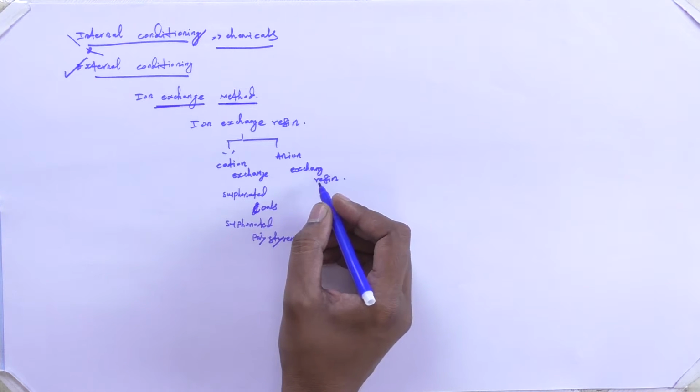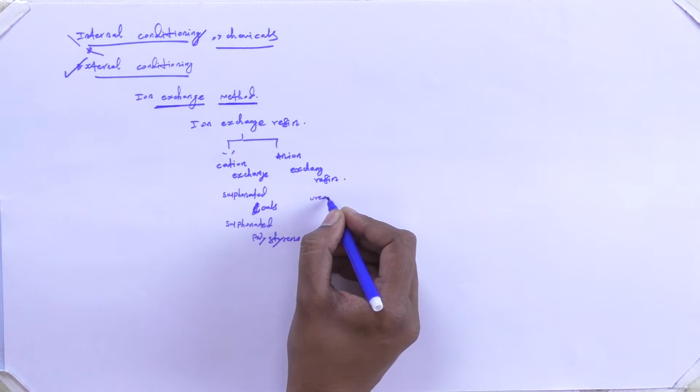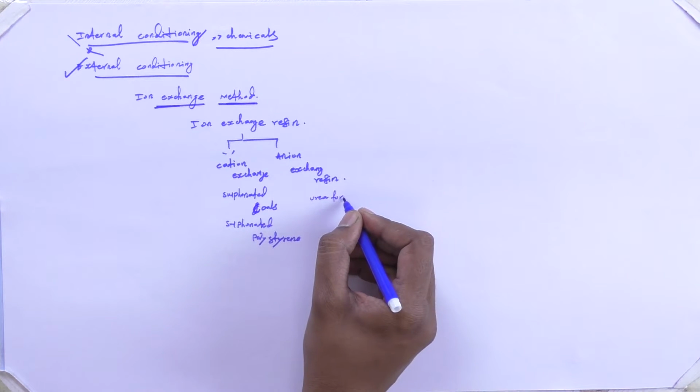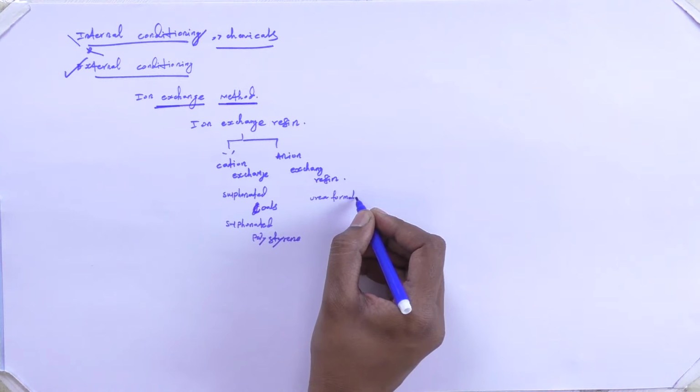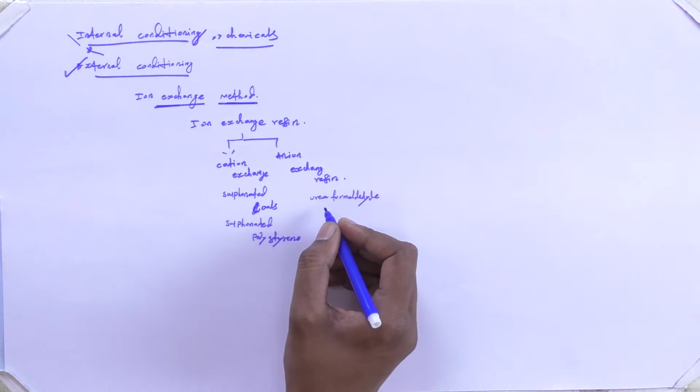Examples of anion exchange resin are urea formaldehyde and quaternary ammonium salt.